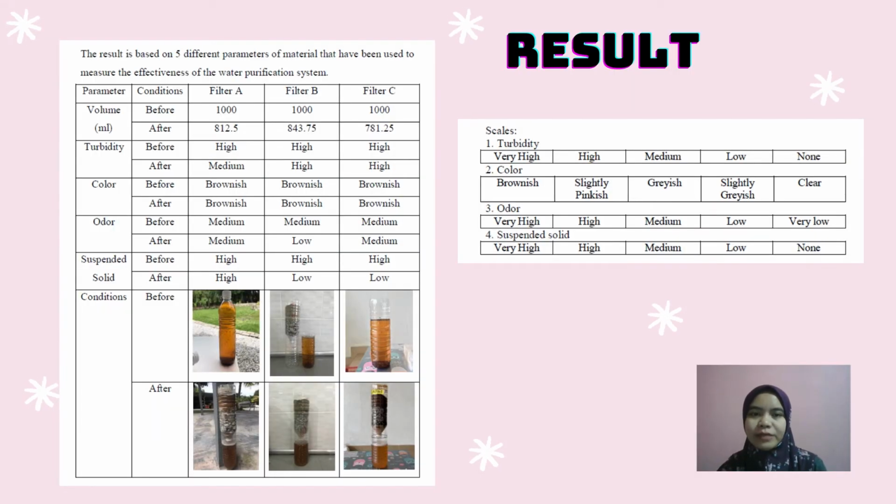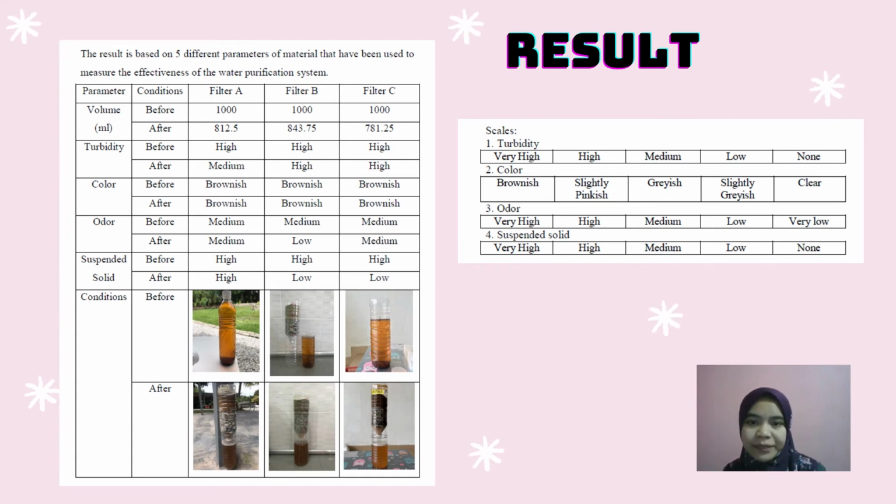The result of this water quality experiment is based on 5 different parameters of material that have been used to measure the effectiveness of the water purification system. We measure the parameters volume, turbidity, color, odor, and suspended solid. The volume of the 3 filters is reduced from before.